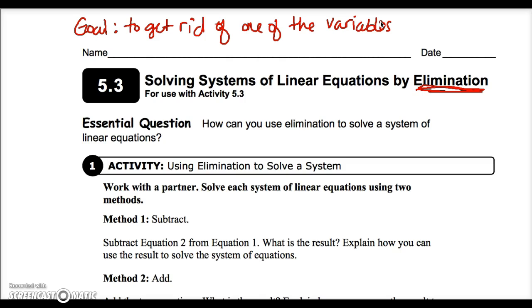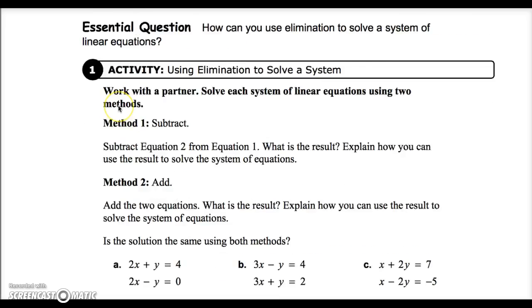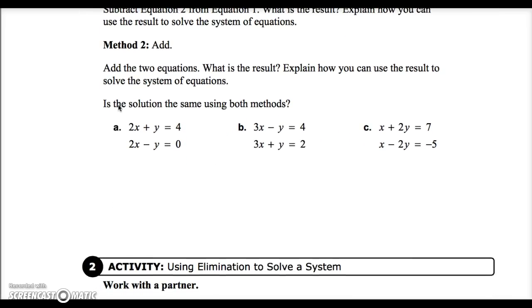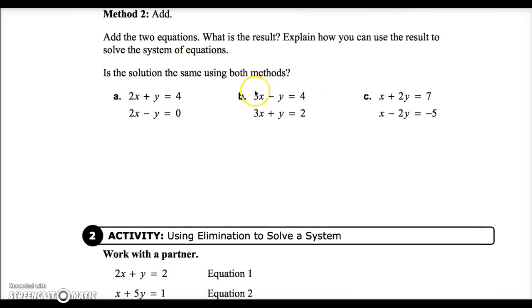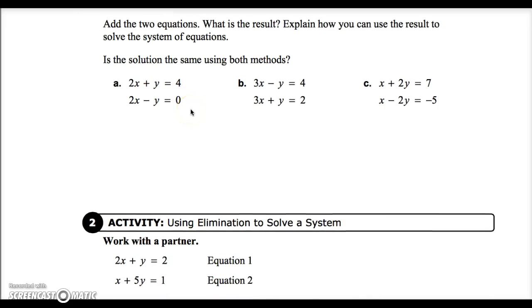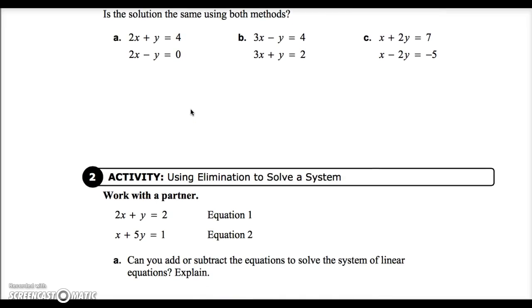What you're going to look for, we're still going to have our two equations because it's a system. If you scroll down just a little bit, right here where we have A, B, and C, right at the bottom of activity 2, you want to look for either the x or the y.